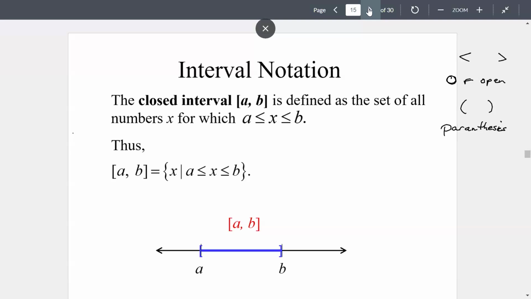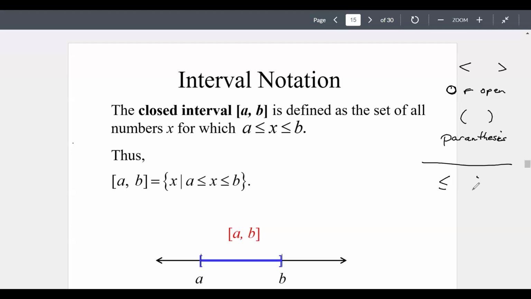A closed interval is defined as a set for which all numbers are less than or equal to B and greater than or equal to A. So we have that equality. And when we have that equality symbol, that means we have what we call a closed point. That's why we call this a closed interval. So we would represent this with brackets.